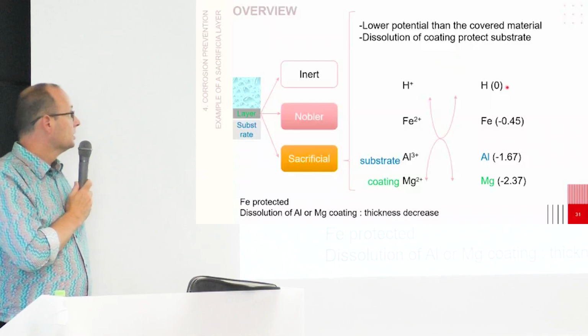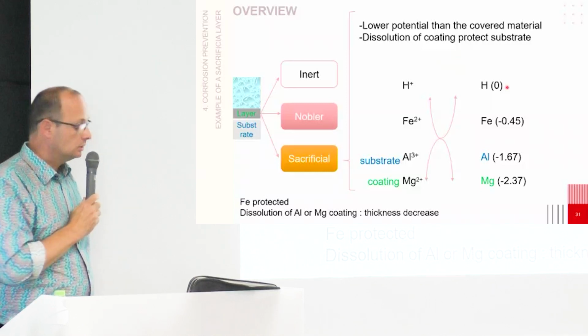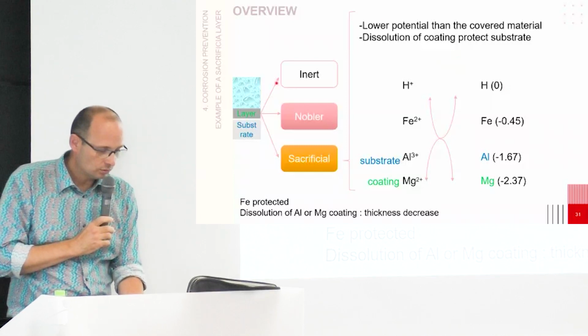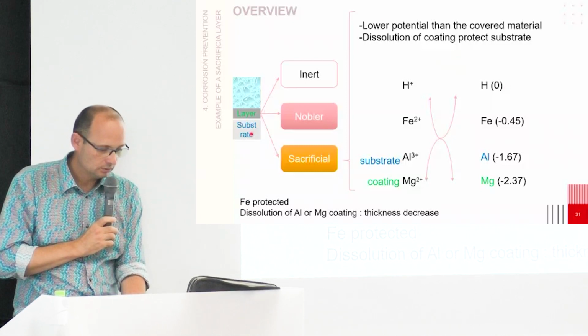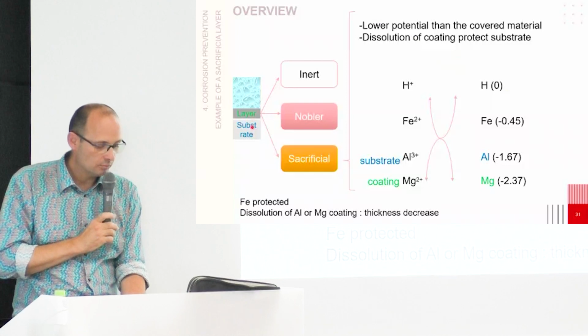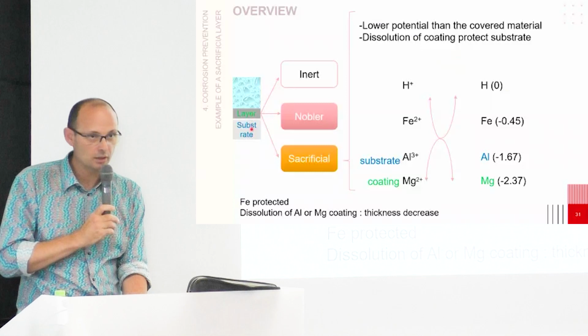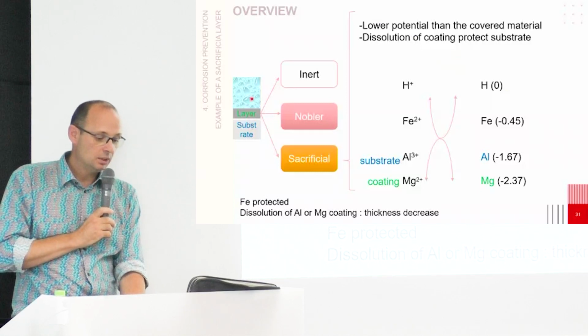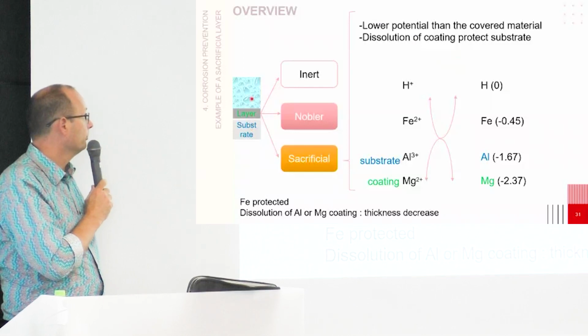Okay, so now if I move to the metallic coating, just to be sure we are all focused on the same thing, my substrate is a metal. Let's say here it can be iron or aluminum. I will put a layer on it, and I will have the solution on top.